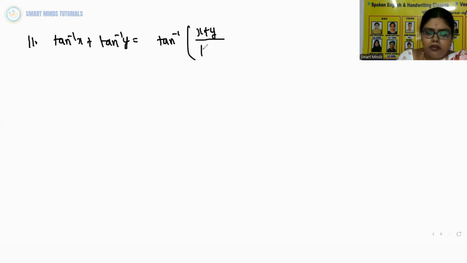Next, number 11. Tan inverse x plus tan inverse y. This is tan inverse of x plus y by 1 minus xy if xy is less than 1. This is one formula for tan inverse x plus tan inverse y.